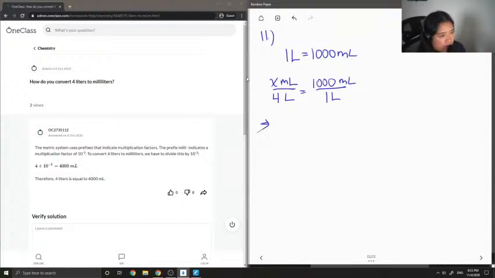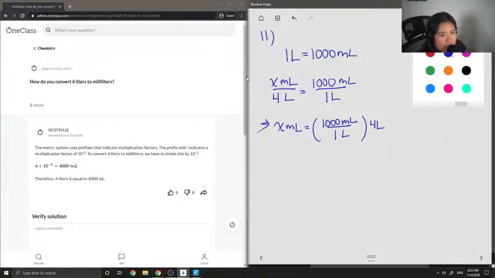Now just multiply both sides by 4. Okay, so you'll notice that our liters should cancel out.